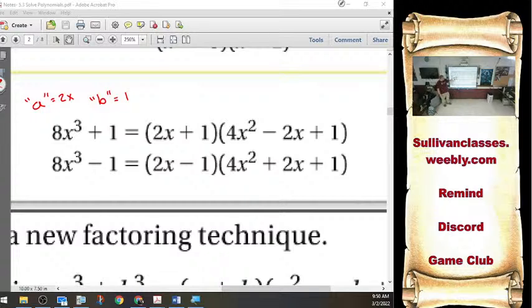So everywhere there was an A or a B, I plug in 2x and 1. Be careful when you do that. I'll see a lot of kids goof this term up. They'll just write 2x squared instead of 4x squared because they only square the variable term instead of the entire thing.